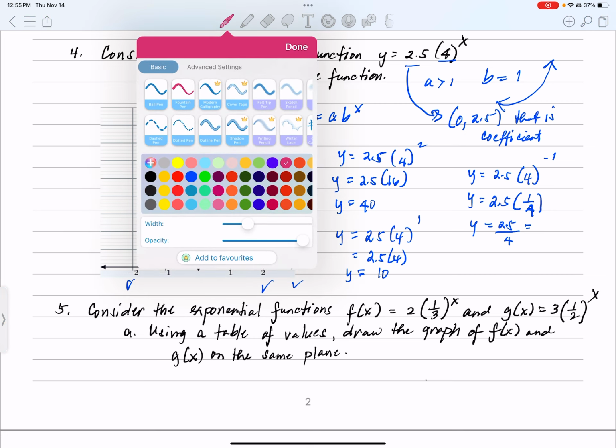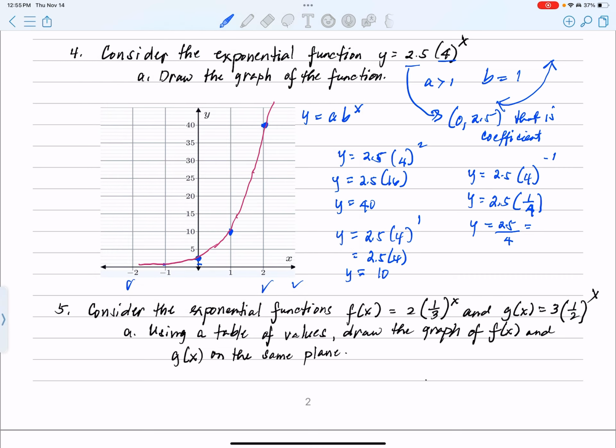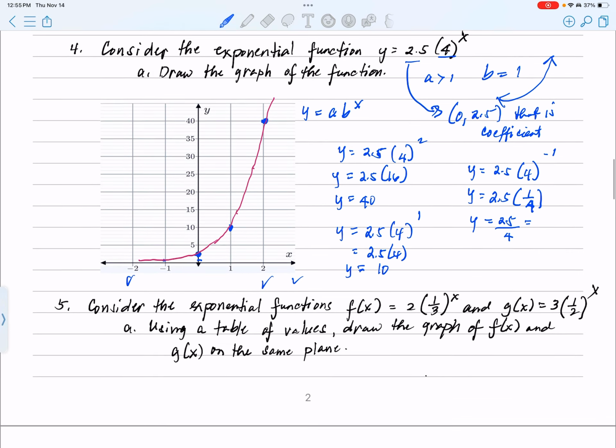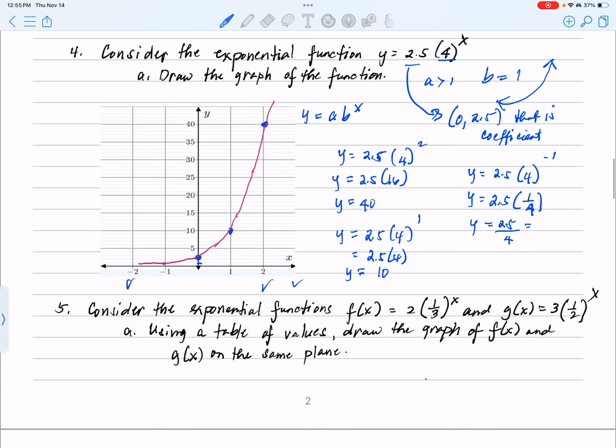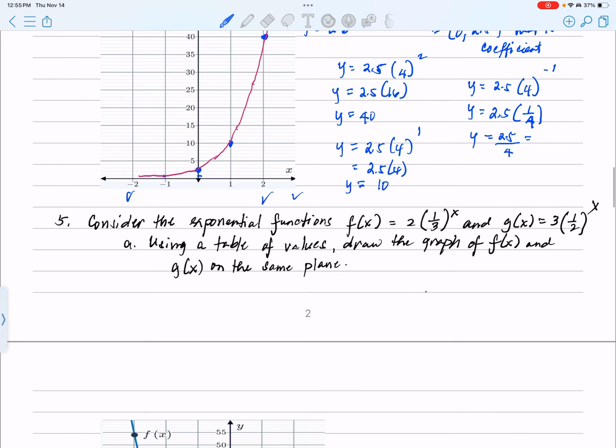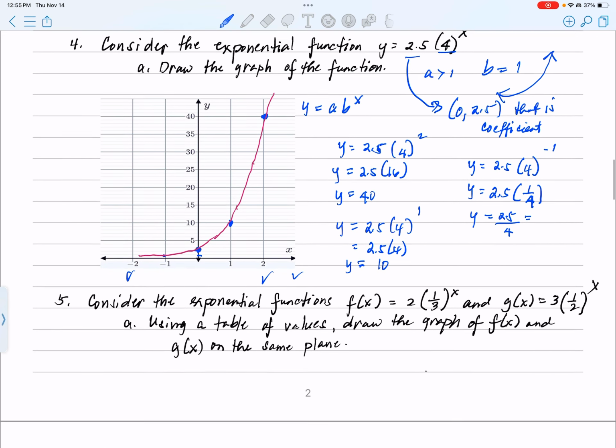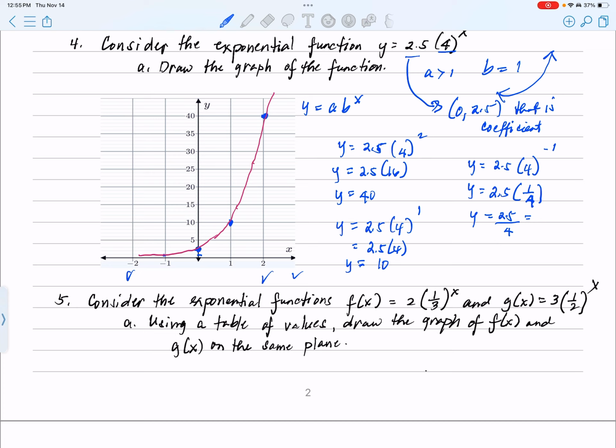So you have the graph. You can check this graph using the calculator. I know everyone knows how to use the calculator when we are doing the graph.